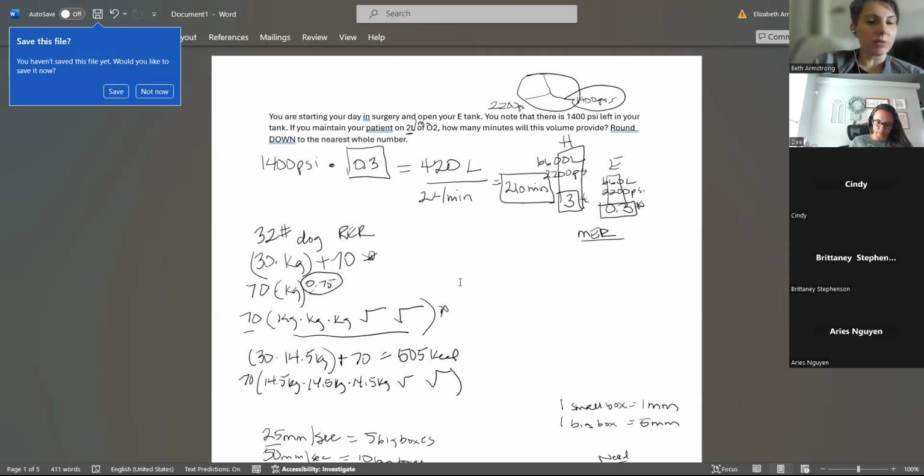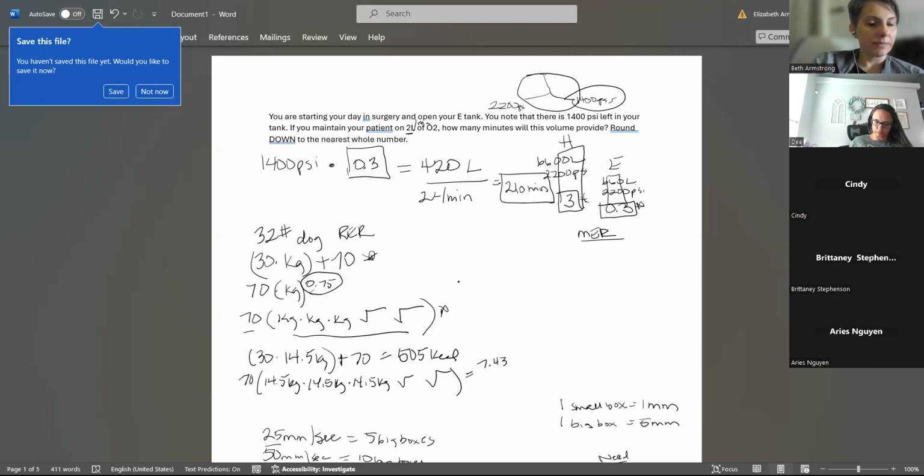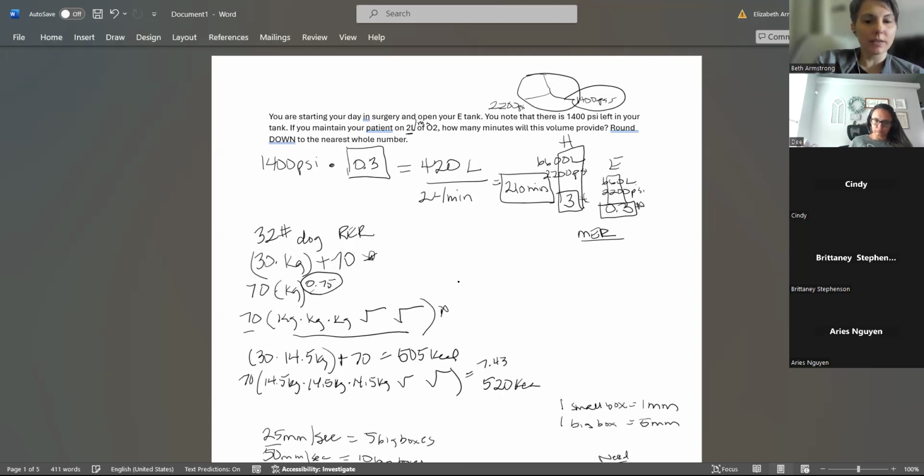And when we square root that twice, don't press enter. We get 7.43. And then we're going to multiply that by 70. And we get 520 kilocalories.